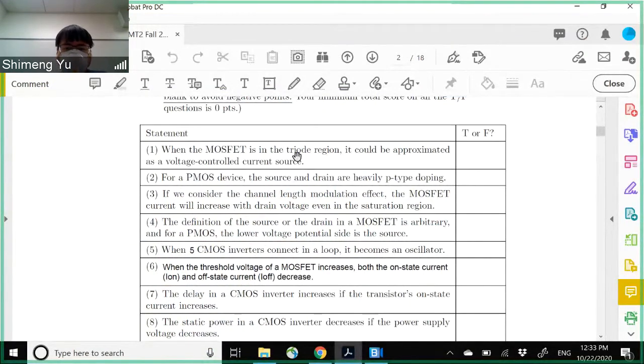So the MOSFET, if you think of the MOSFET in the triode region, that means VGS minus VT is larger than VDS.